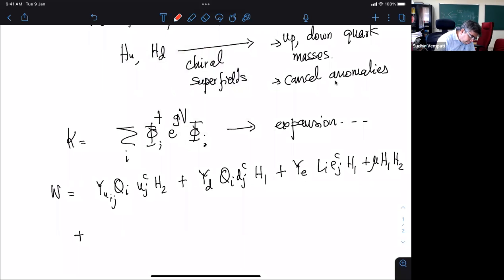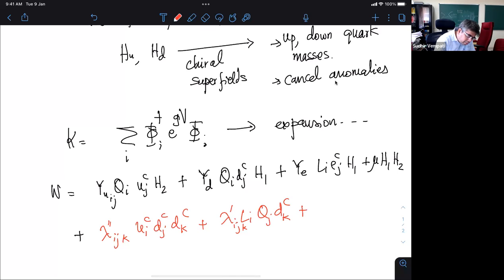So let me write: lambda double prime IJK UIC DJC DKC plus lambda prime IJK Li QJ DKC plus lambda IJK Li LJ EKC plus epsilon I Li H2.